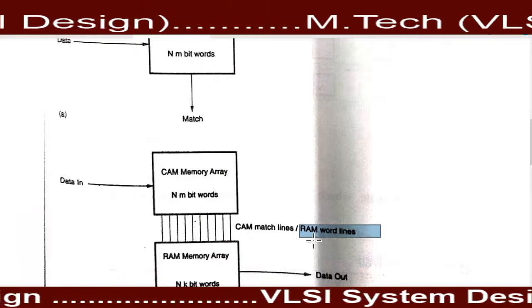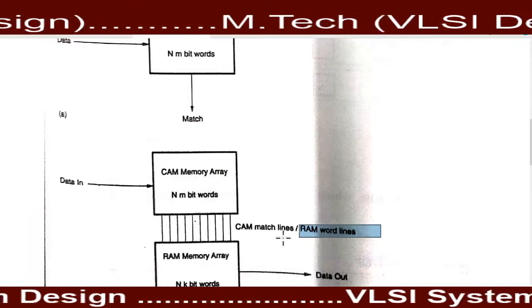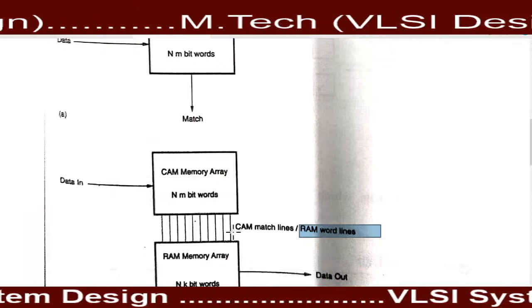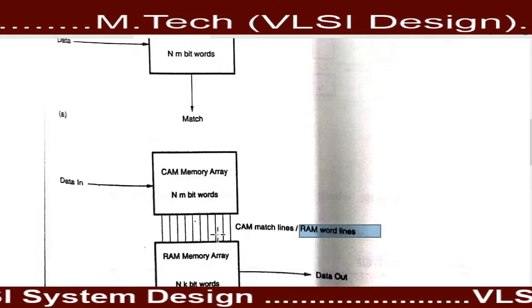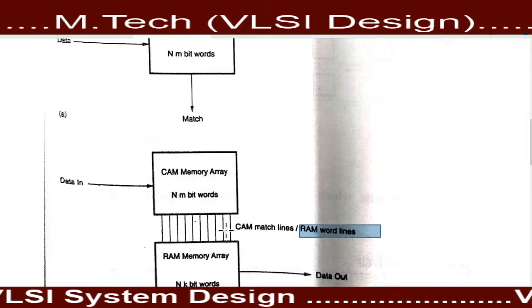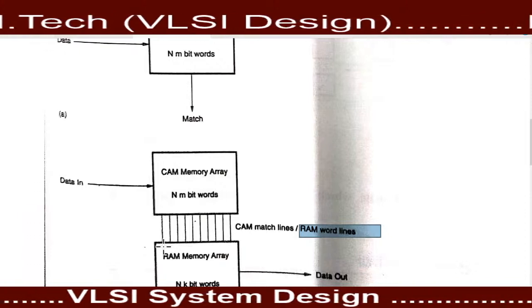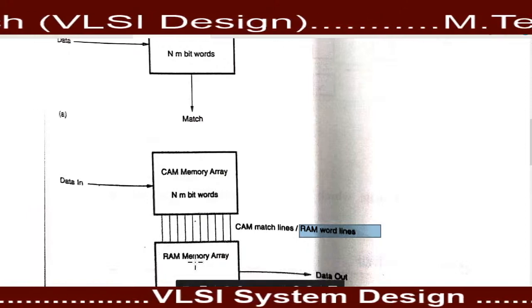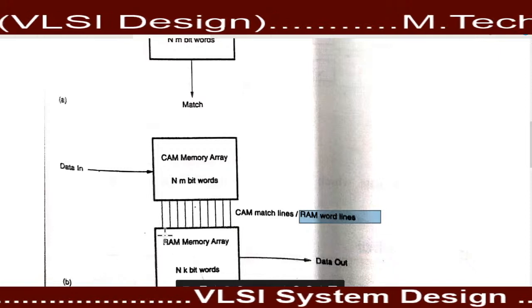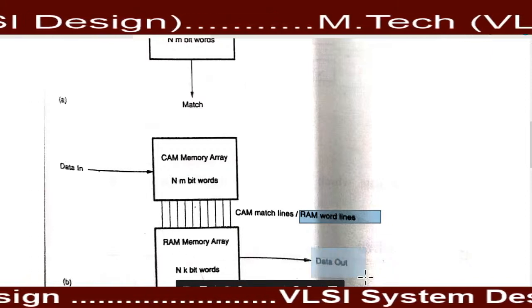It means that this match line, which is a combination of 1 and 0, makes some address, and this address is searched in this RAM memory cell, and the data that is available in the RAM memory cell is provided as the data output.